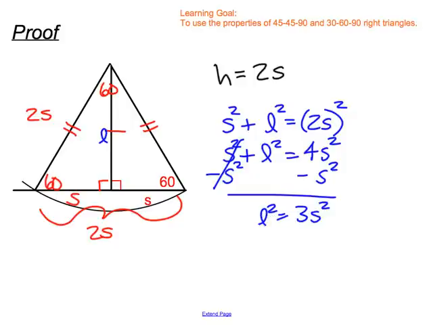We take the square root of the left-hand side, we get l. We take the square root of the right-hand side, we get the square root of 3 times s squared. The square root of s squared is just s, so we get l equals s times the square root of 3. And that verifies the second part of our formula.